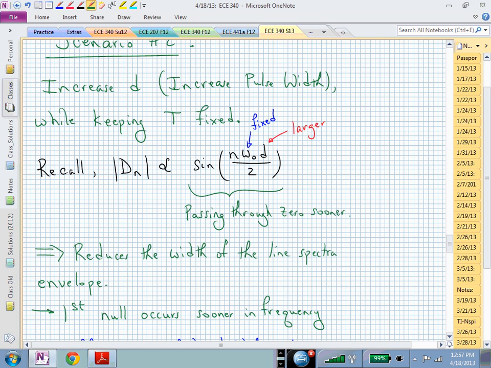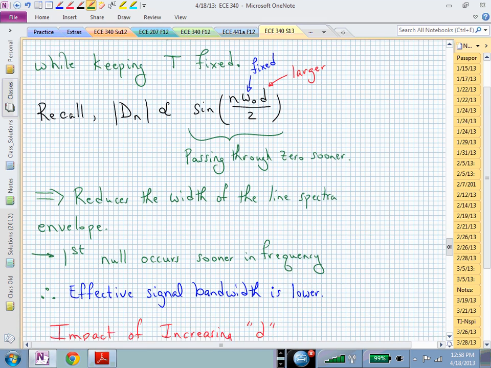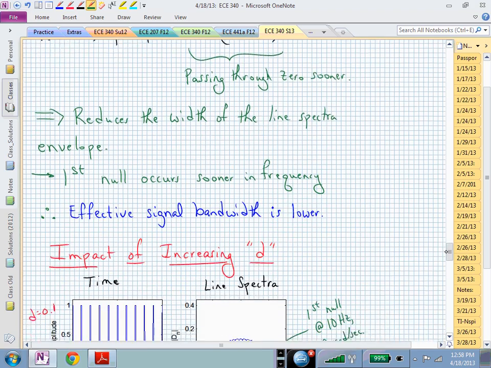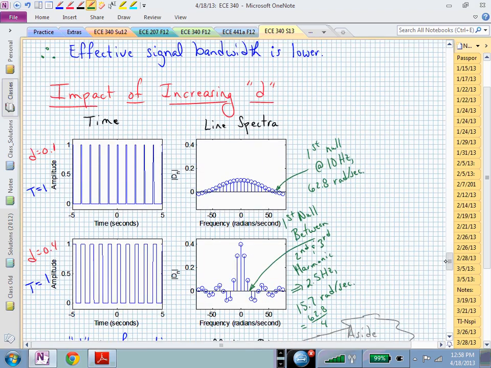We're reducing the width of the line spectra envelope. Not necessarily the spacing of those lines, but the point where they fall off, how quickly they fall off. The first null is going to occur sooner in frequency. And that's going to then lower our effective signal bandwidth.